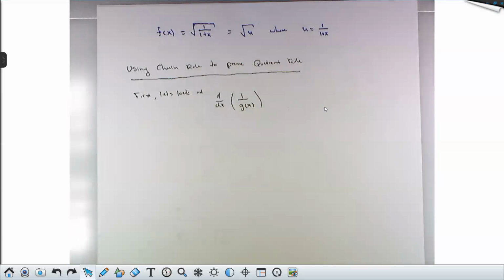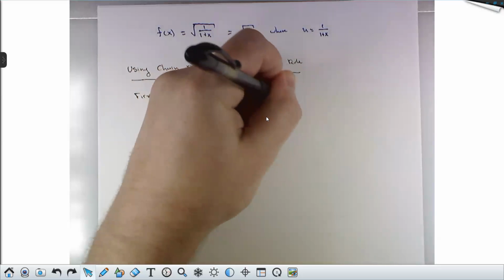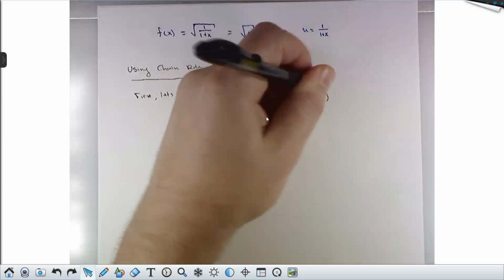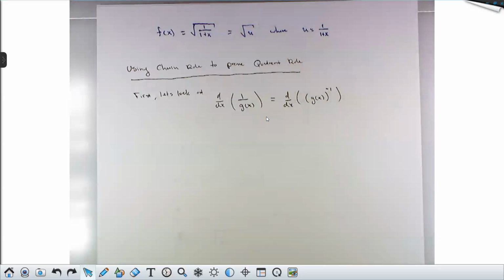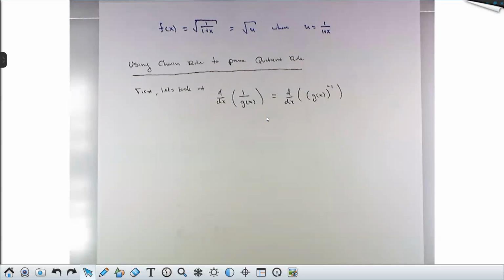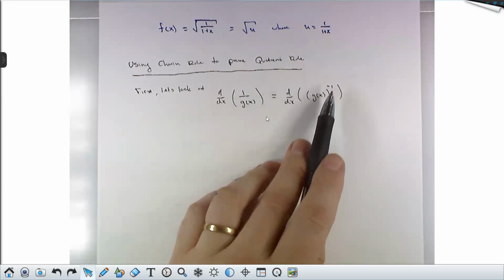This is something I could jump into with the quotient rule. I could say it's the bottom times the derivative of the top minus the top times the derivative of the bottom all over the bottom squared. Or I could think of this as d dx of g of x to the negative first power. And now my inner function is g of x, and my outer function is this negative first power.